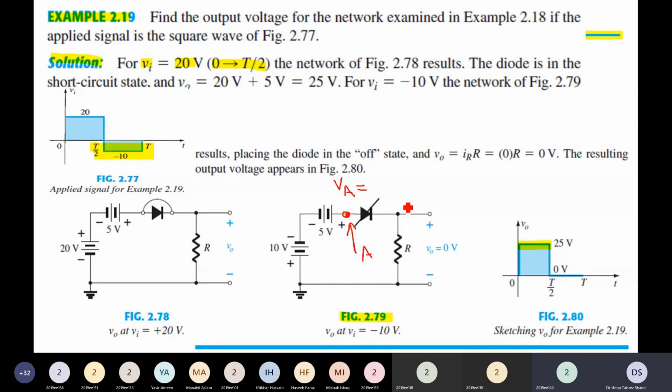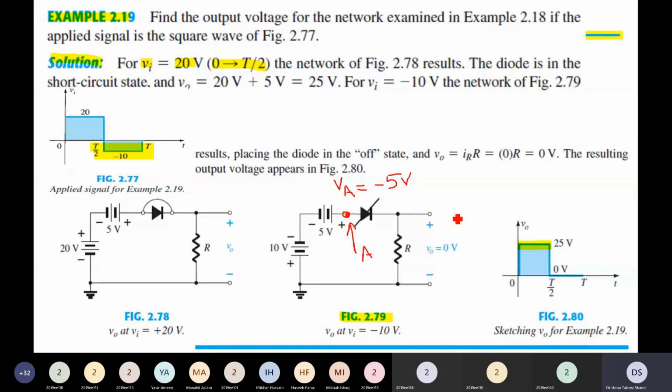What is the voltage at node A? That will be minus 5. The node voltage at node A will be minus 5 volts.